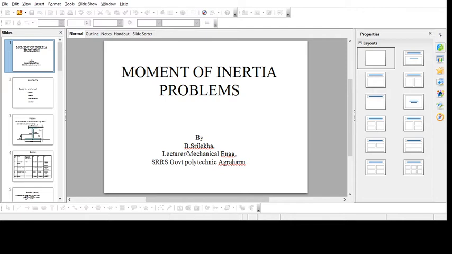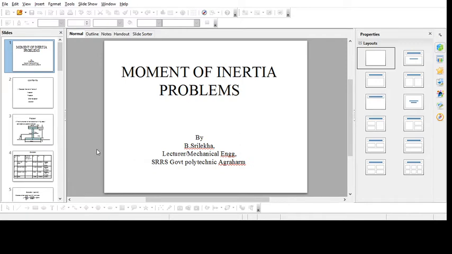Next, you will find the centroid. For this, the area is 200 into 20, that is 4000, into 10, plus 2000 into 70, plus 2000 into 130, divided by 2000 plus 2000 plus 4000, you will get y bar, that is 55.